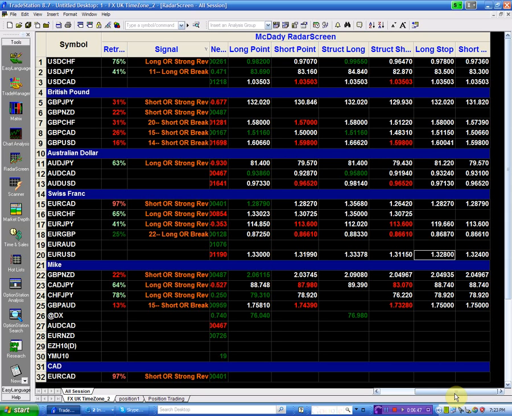So basically I'm risking about 20-25 pips on that trade. And my structural long point is 133.37. So if I go long at 133, my structure point is going to be 37 pips later.